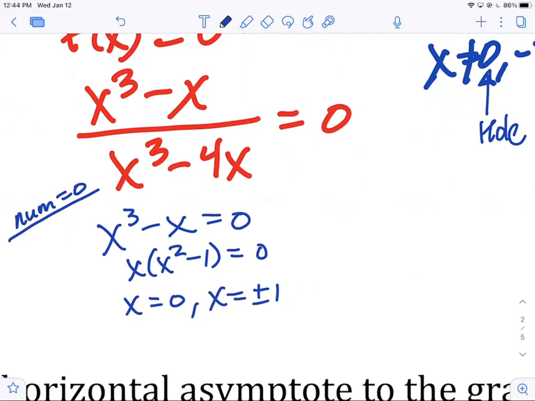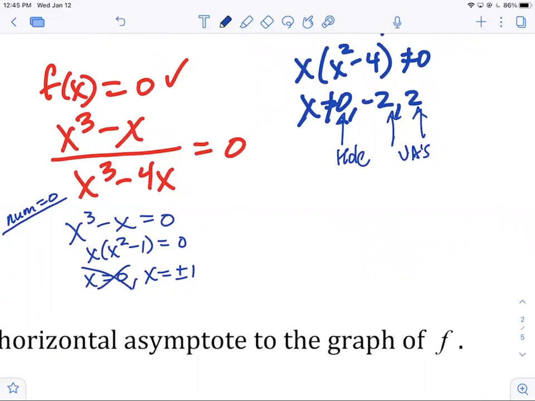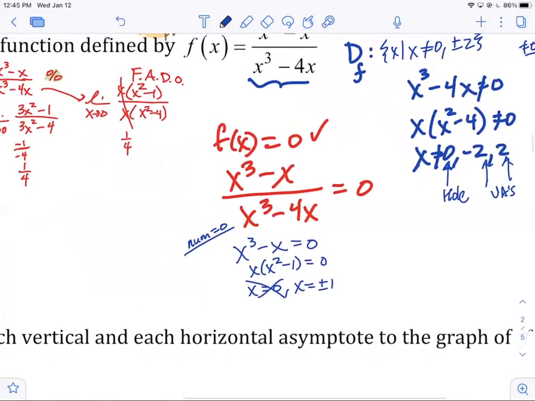If you walked away from there, you might be like, man, this problem's easy, right? But are all three of those actually zeros? No, we already know that 0 is not in the domain. We already could figure that out. So you could stop right there. If you cross out the 0, they know not to count it. Your bottom line then is your final answer. You don't have to list them as ordered pairs. Okay, so that could be the extent of your answer.